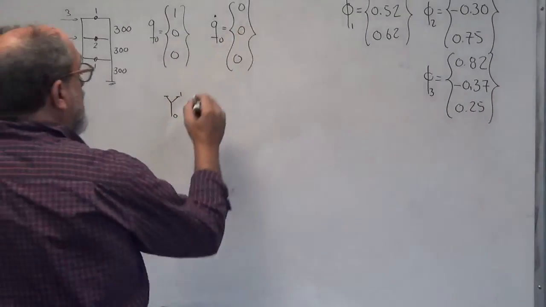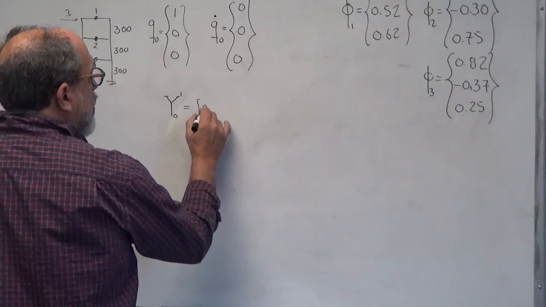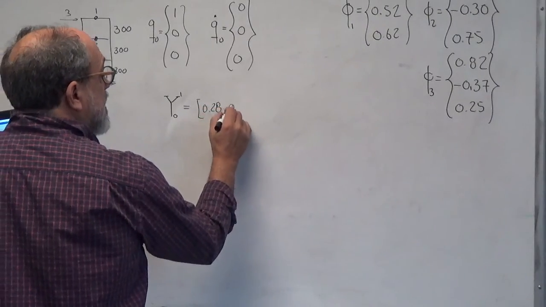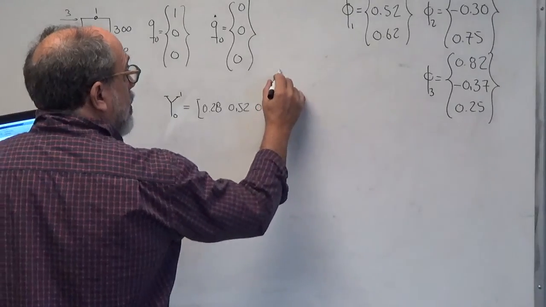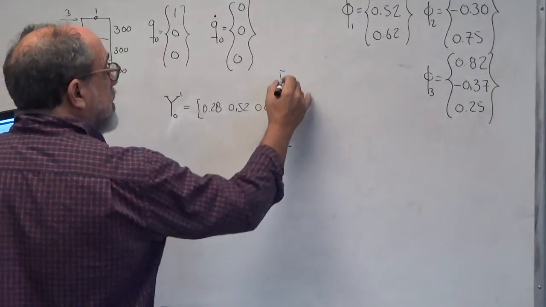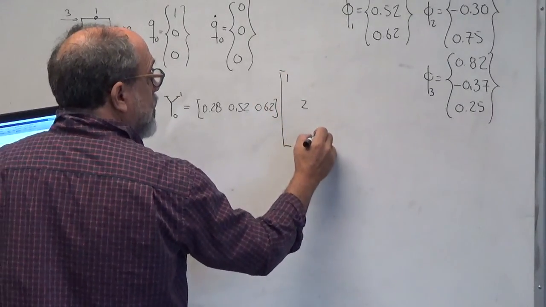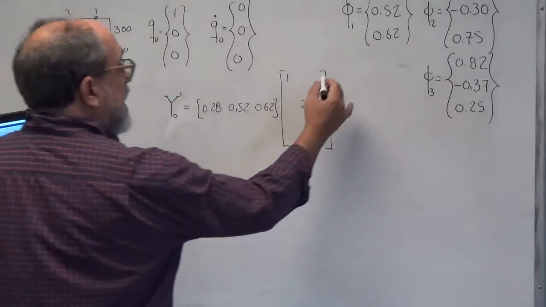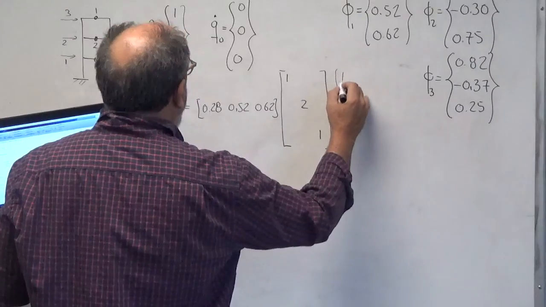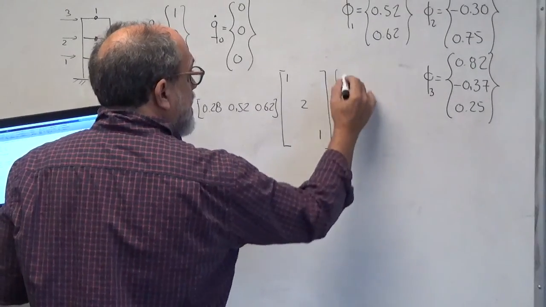That would be phi1 transposed, which would be 0.28, 0.52, and 0.62, multiplied times the mass matrix, which was 1, 2, 1, and then multiplied by the initial displacements, which were 1, 0, 0.